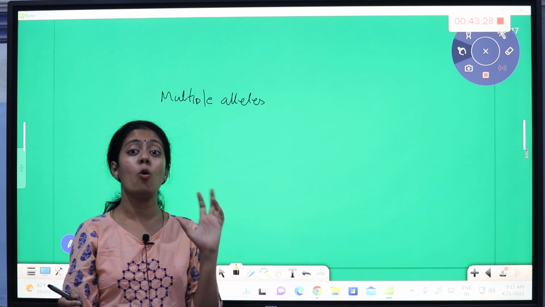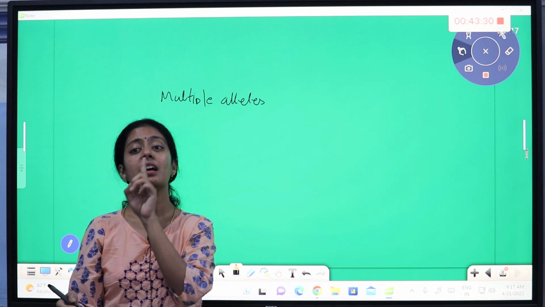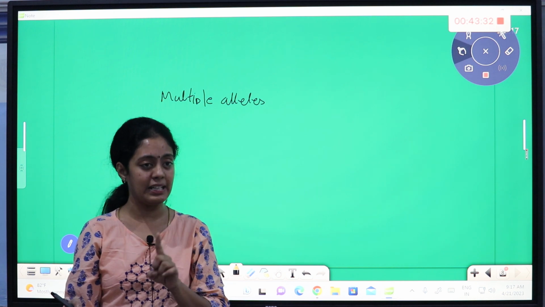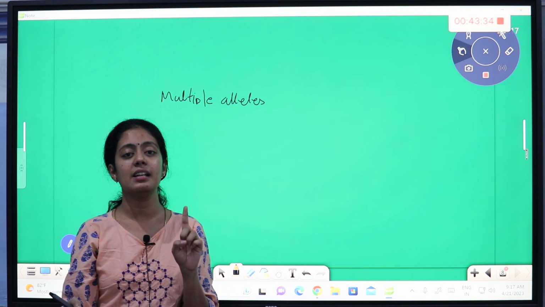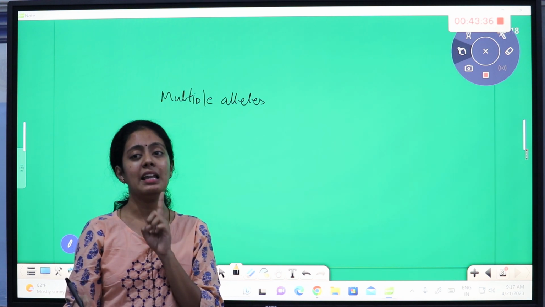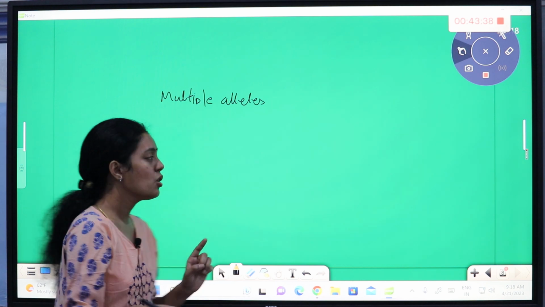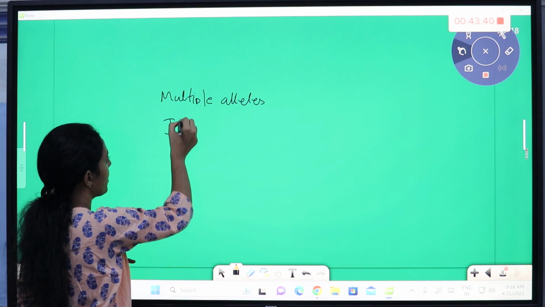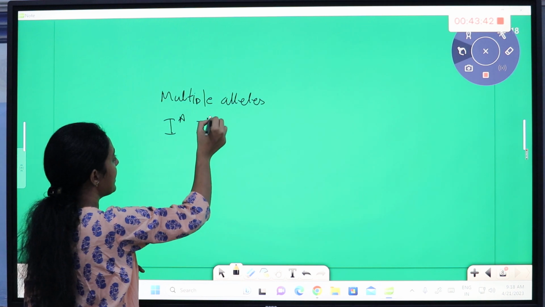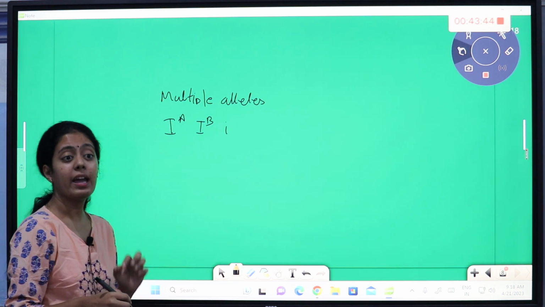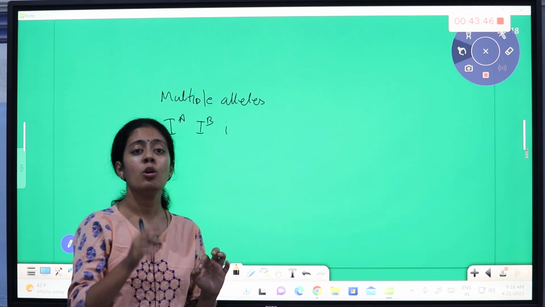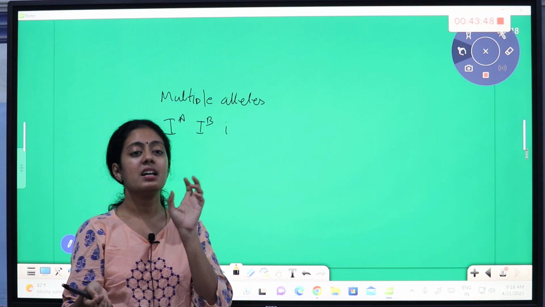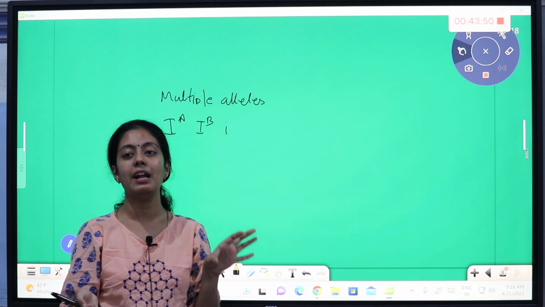But when you have more than 2 alleles controlling a particular character, then such kind of inheritance is called multiple allelism. Is it clear? So you have 3 alleles here in blood group, correct? IA, IB and i. So what is multiple allelism? More than 2 alleles controlling a character is called multiple allelism.